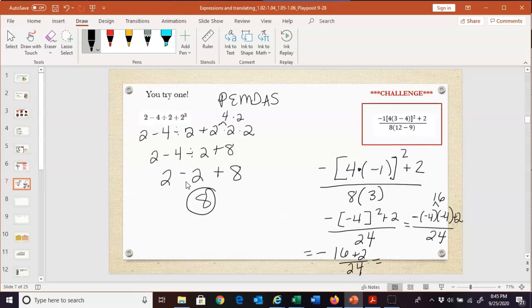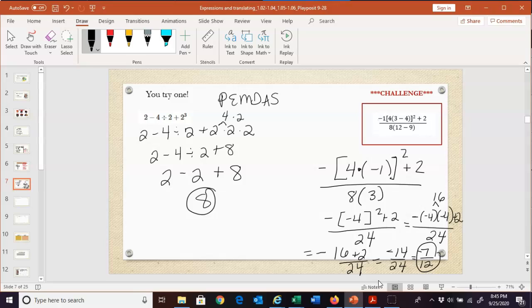And we have negative 16 plus 2, that's negative 14 over 24. So then we can reduce this, right? 2 actually goes into both of these. So we're going to end up with negative 7 over 12. These are kind of fun.